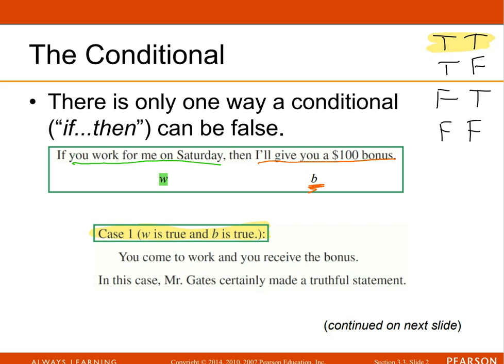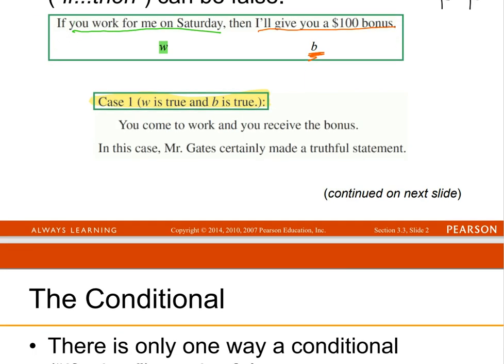You did work for the guy on Saturday. And then he gave you a $100 bonus. That was true. He did give you the $100 bonus. So from the boss's perspective, he did not go back on his word. He gave you the $100 bonus. So that would be a truthful statement. So when it's if true, then true, the answer will be true.